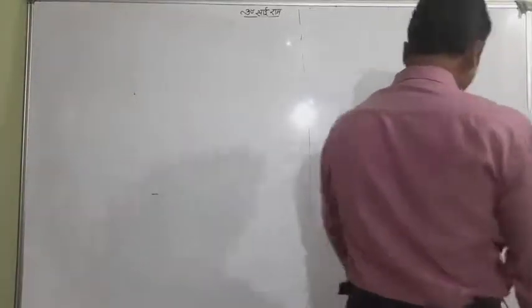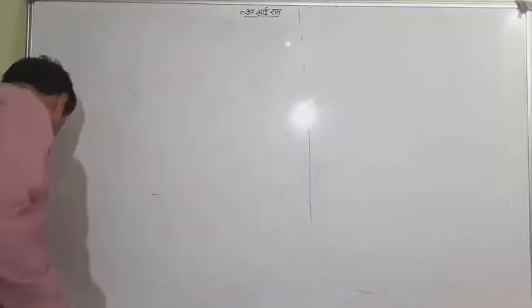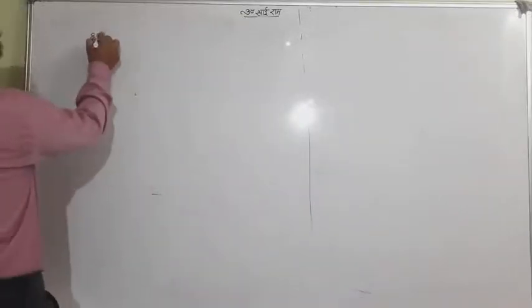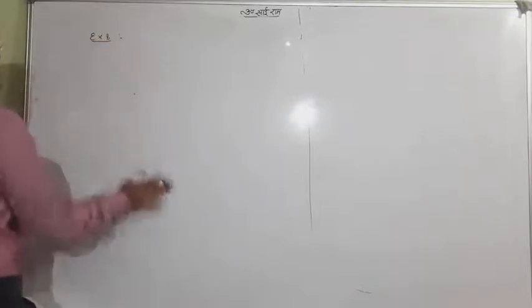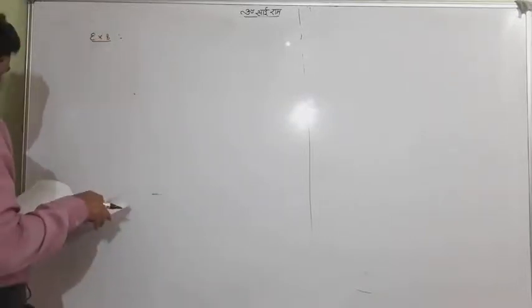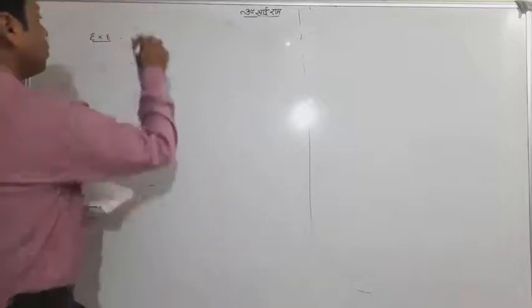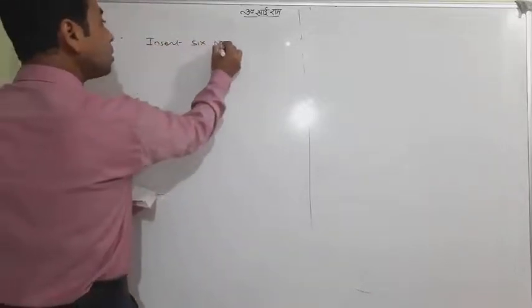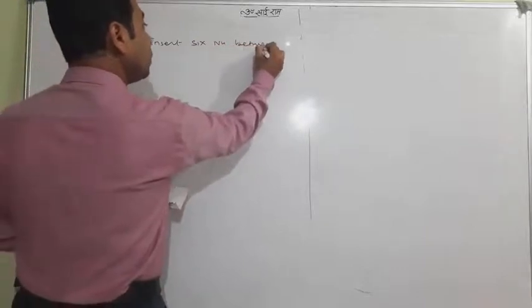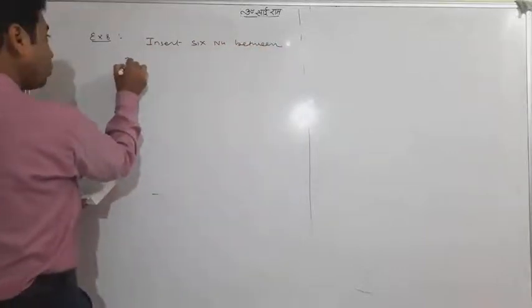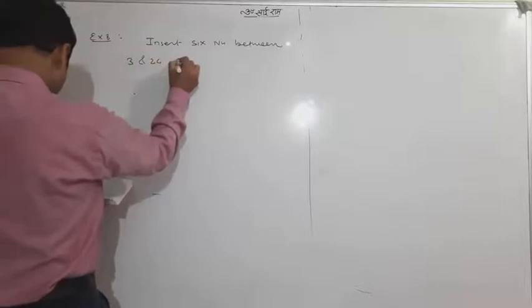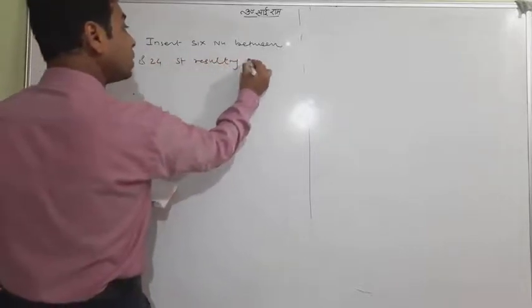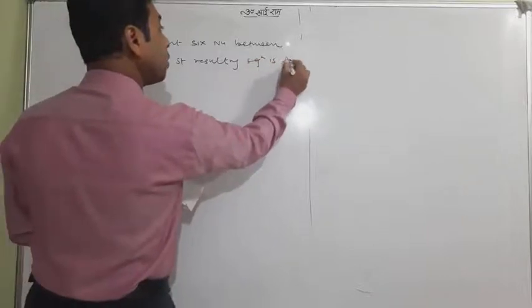Now I just want to put one question so that the concept will be easy for you. It's example number 8 from my side. Insert 6 numbers between 3 and 24, such that the resulting sequence is an AP.